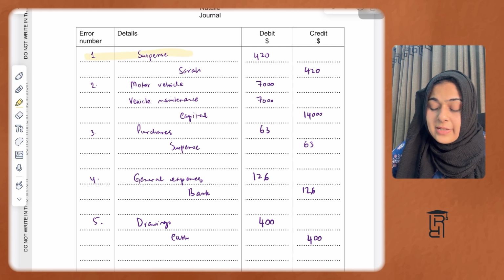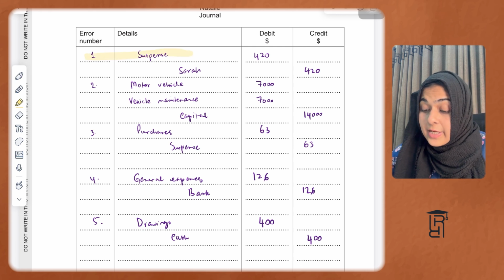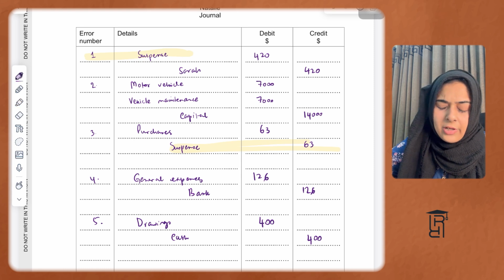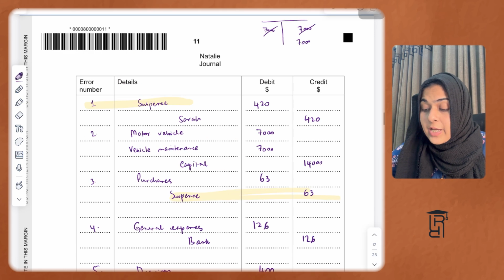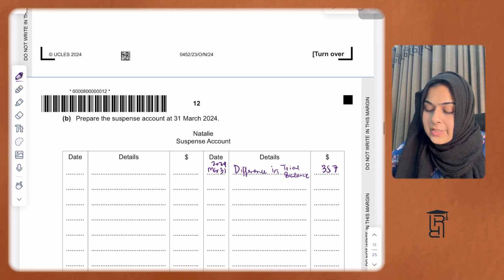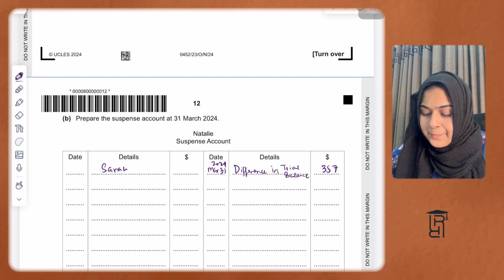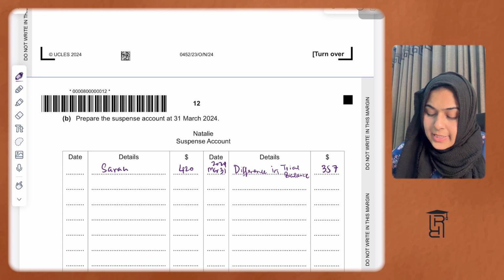But in my first error, I have suspense on the debit side. In the third error, I have suspense on the credit side, and in all other errors, I don't have suspense. So in the first error, suspense is debited, and Sarah is the detail. So I'll write here Sarah, and I'll write here 420, and this will be debited, also on March 31, 2024.